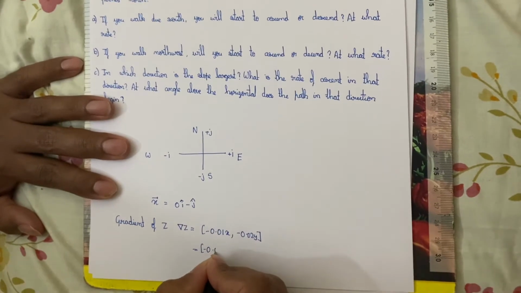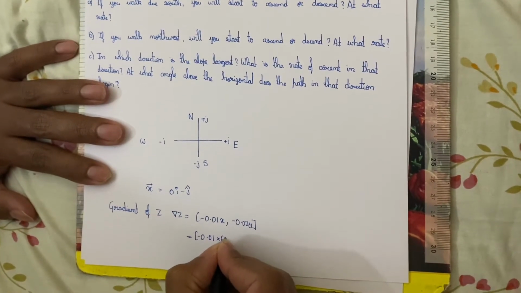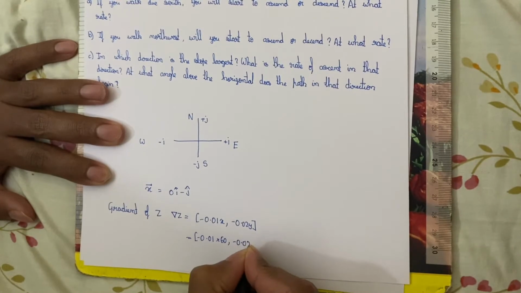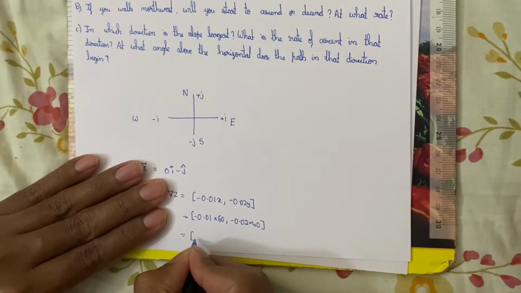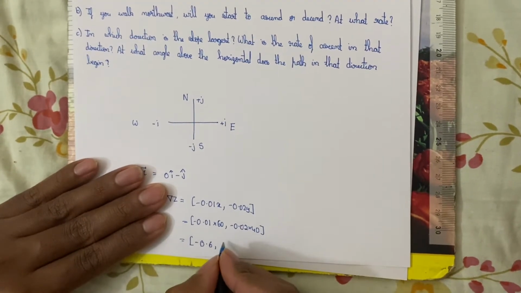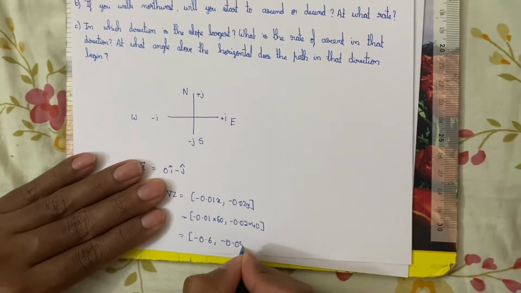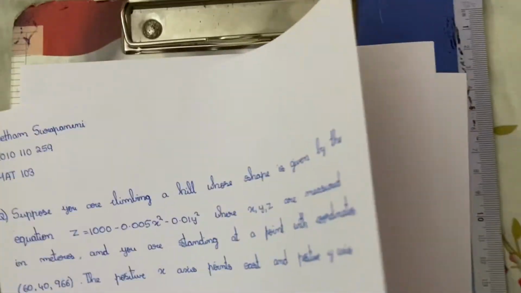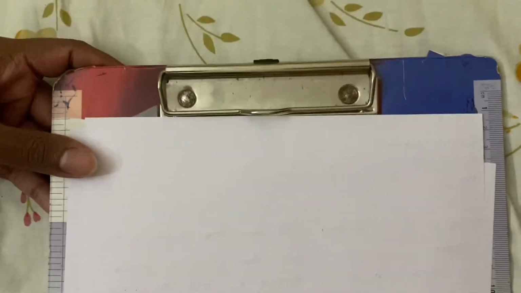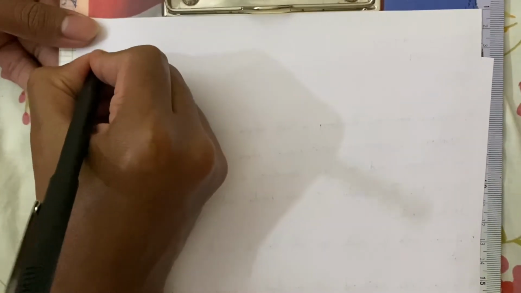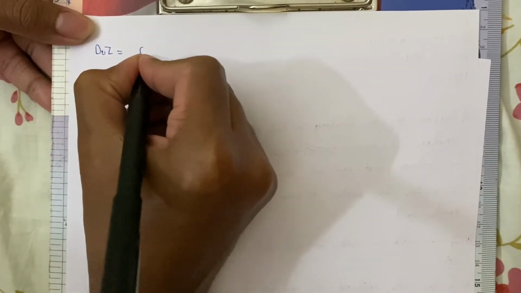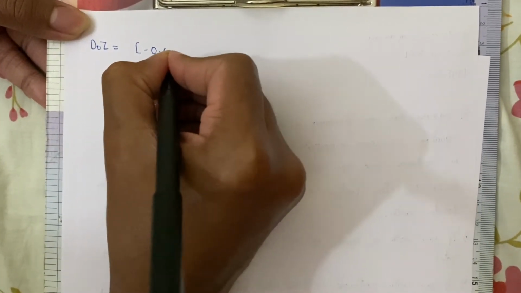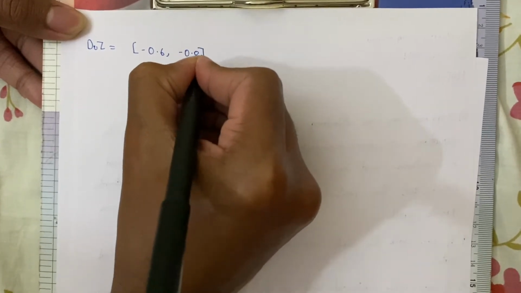On substituting this, we get minus 0.6 comma minus 0.8. So the directional gradient along u will be minus 0.6, minus 0.8 dot u.